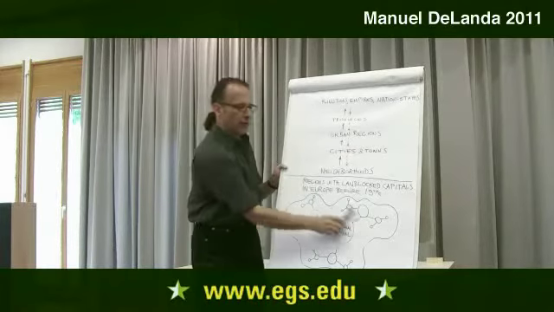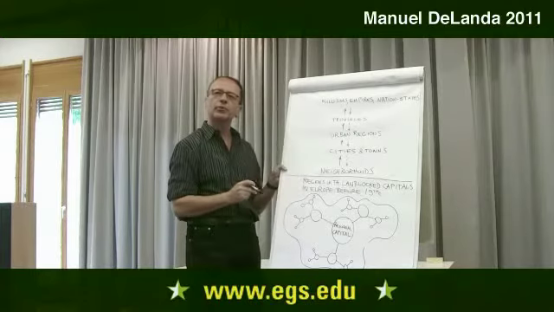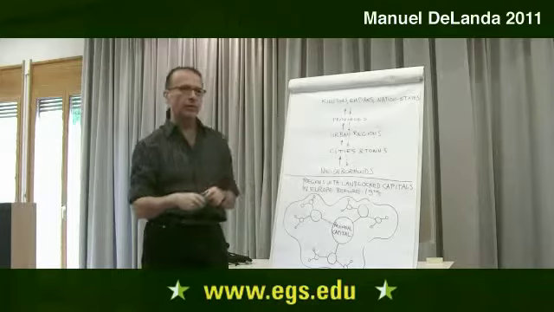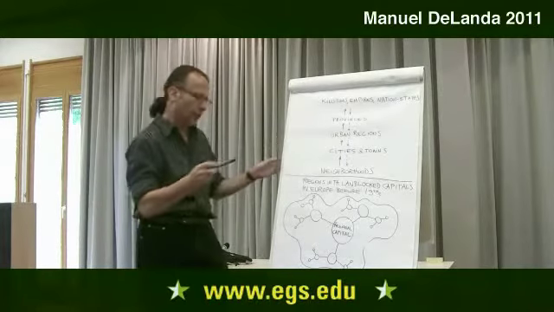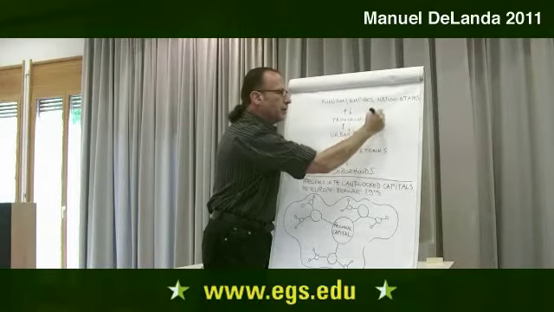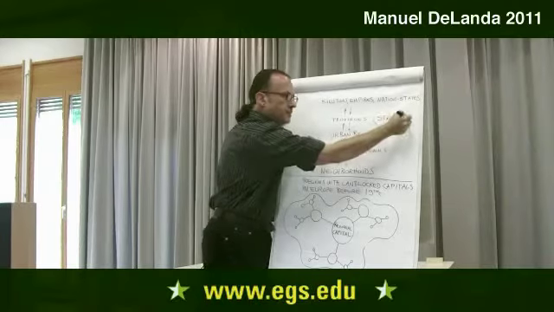Several cities together, and I'm going to analyze this in detail in a second, compose what is called urban regions. Several urban regions together compose what is called a province in Europe. In the United States, these are called just states.